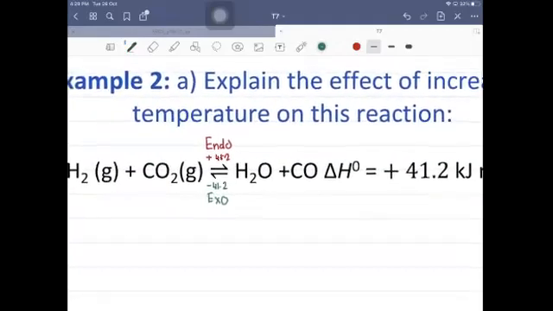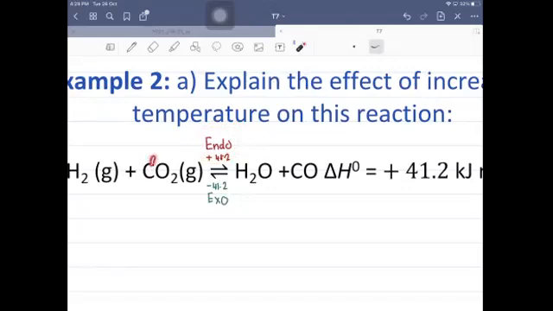So again, we increase temperature. Le Chatelier said, no, reduce. We have to lower down our temperature. And to lower down our temperature, we need to favor the endothermic reaction so that it absorbs or takes in the heat, the extra heat. Okay, so what happens?